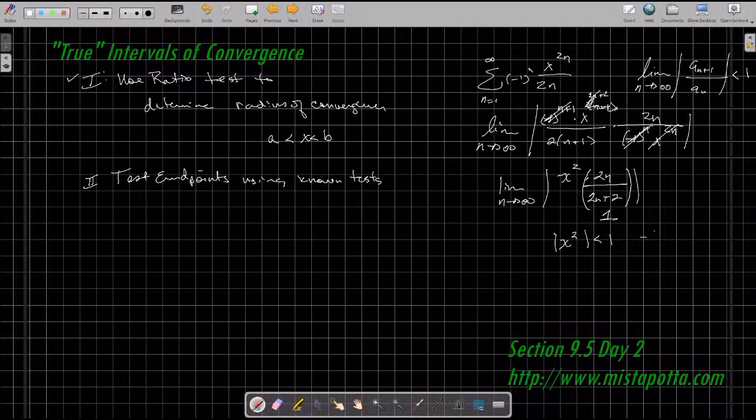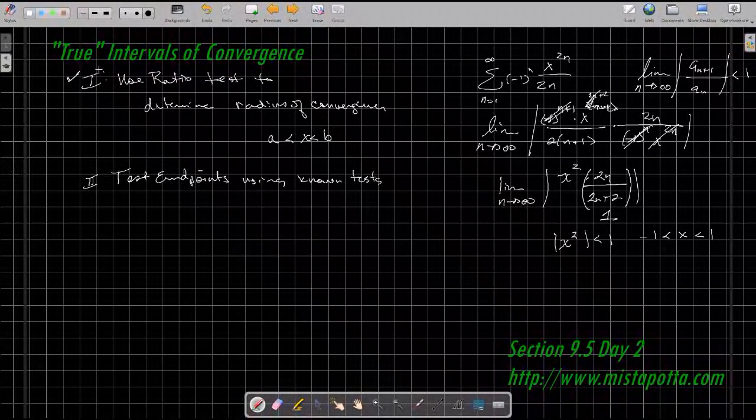And so this gives me the interval from negative 1 less than x less than 1. So that's the first part here, checking the ratio test to determine a radius of convergence to determine a raw interval of convergence.